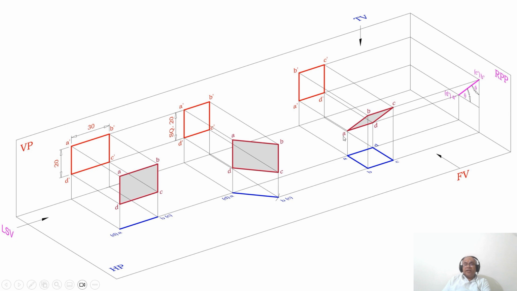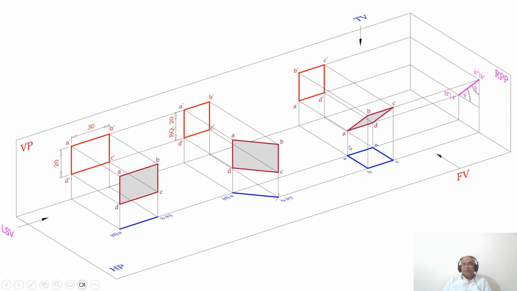Then as you look from this end, AB is near to the observer, so A double dash and B double dash are seen, and C and D are away from the observer, therefore C double dash and D double dash are in brackets. Then you measure the inclination with respect to HP, which is theta, and the inclination with respect to VP, which is phi. So this is how you will be able to analyze this problem in 3 dimensions.